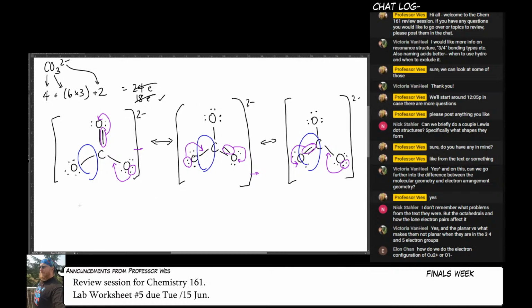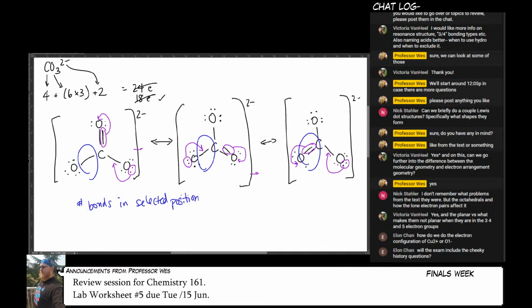And the way that you calculate that is, remember, number of bonds in the selected position divided by number of resonance structures. So for carbonate here, I would have 1, 2, 3, 4 bonds over 3 structures.